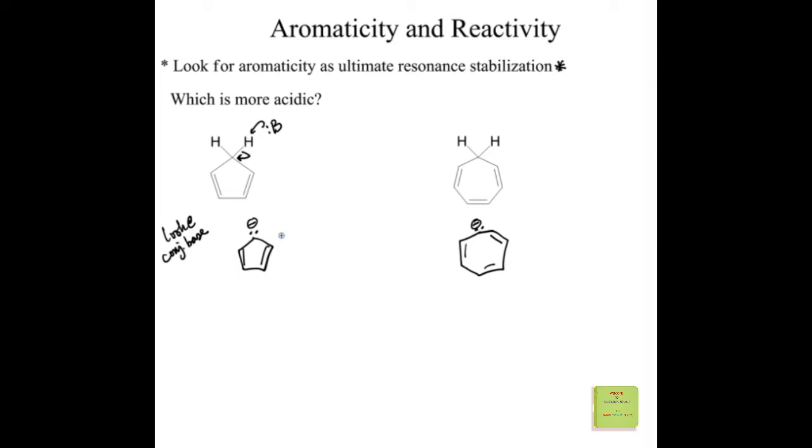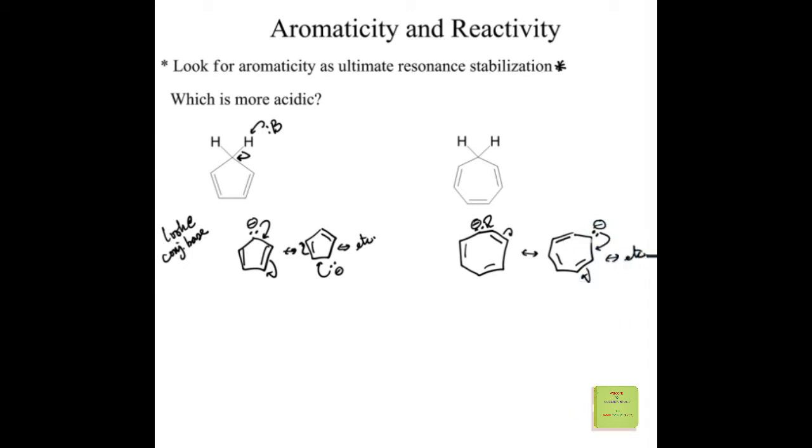Well, each of them is allylic. This has resonance, so I can delocalize my negative charge down here, and so on. And this has resonance, where I can move this negative charge around and continue, and so on.